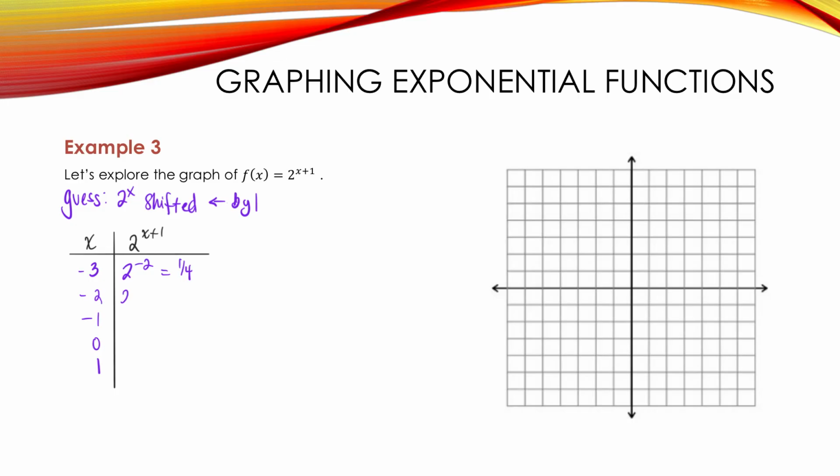If I put in negative 2, that becomes 2 to the negative 1, which is 1/2. 2 to the negative 1 plus 1 is 2 to the 0, which is 1. 2 to the 0 plus 1 is 2 to the 1, which is 2. And then we get 2 to the 2, which is 4. Now, if I did 2, it would be 2 to the third, which is 8, which would not fit.